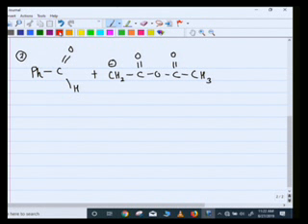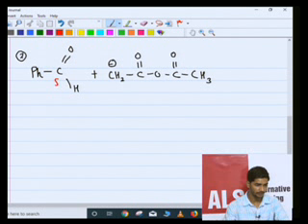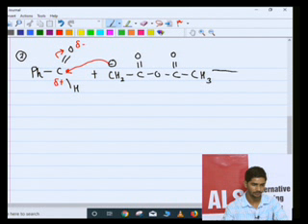See, we know that this is the electrophilic center. Obviously, it will be delta positive and this one will be delta negative. So now, what happens? This one will attack this carbon and this bond will shift over there. And after this step, it will look like this.